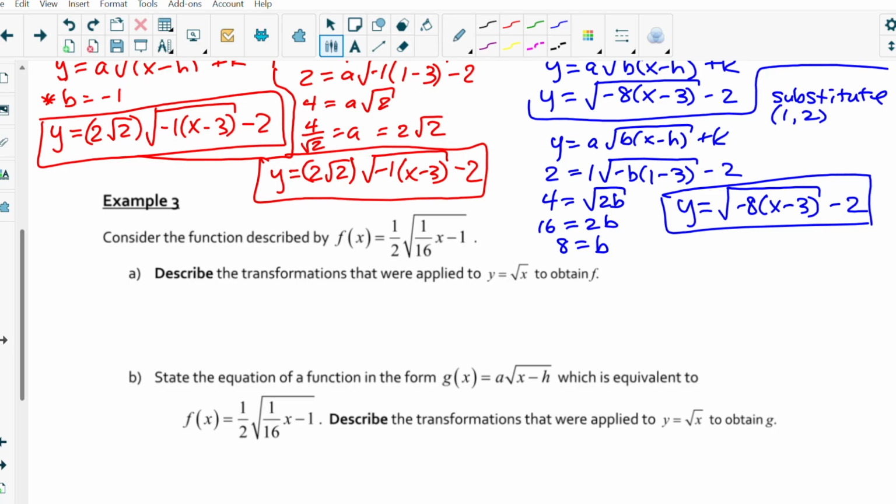Example 3. Consider the function f of x equals 1/2 times the square root of 1/16 x minus 1. Describe the transformations that were applied to y equals square root of x to obtain f. First of all, I need to factor, and I get 1/16 times x minus 16.